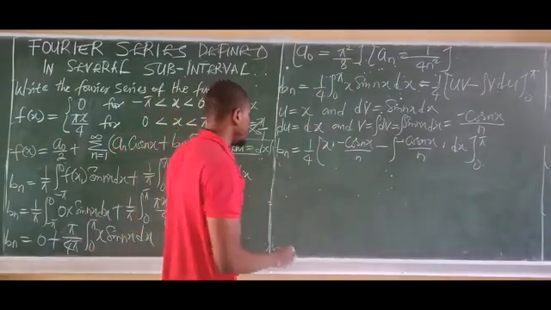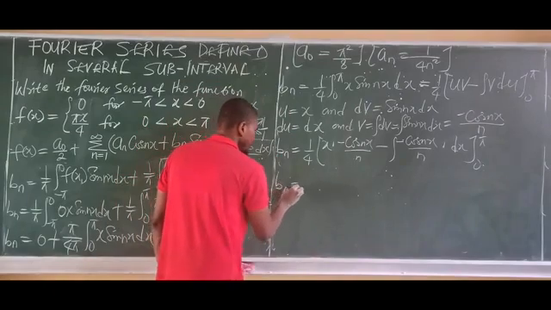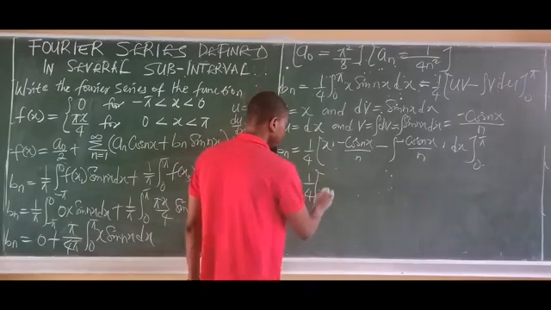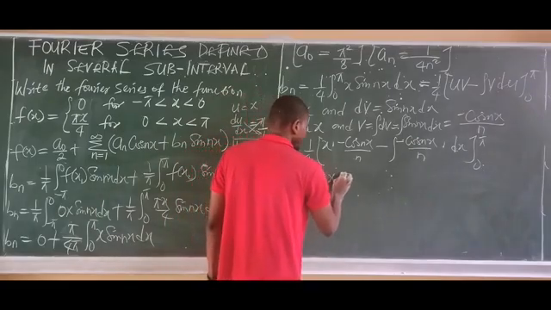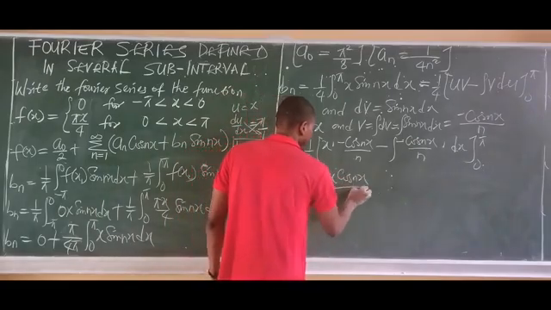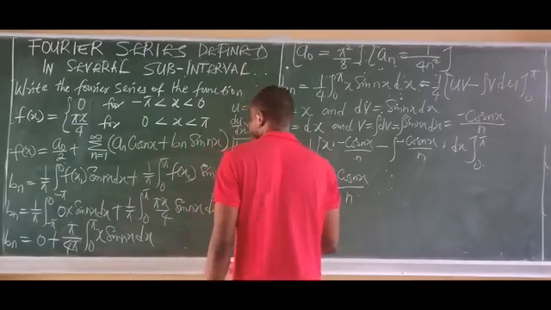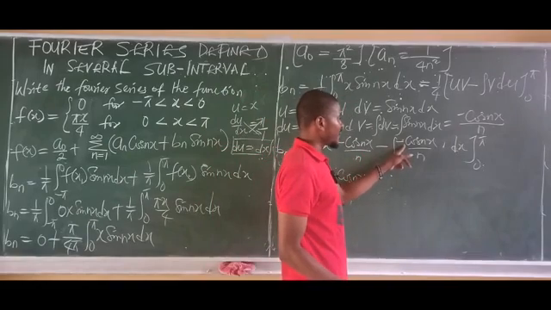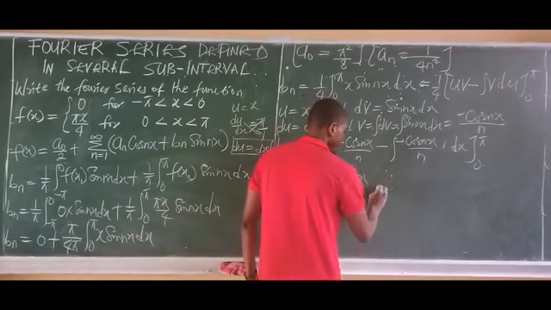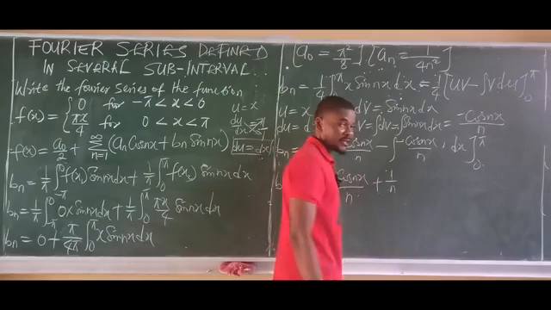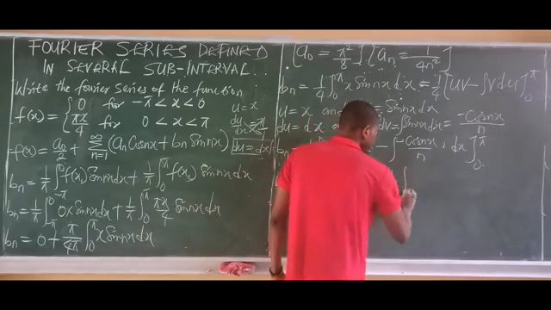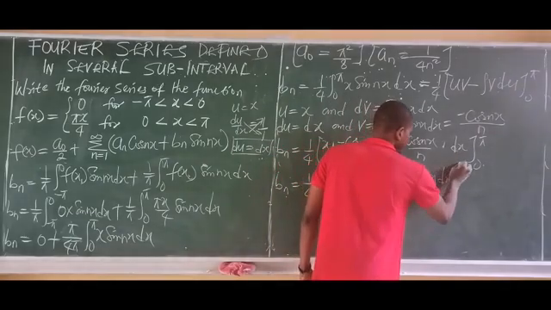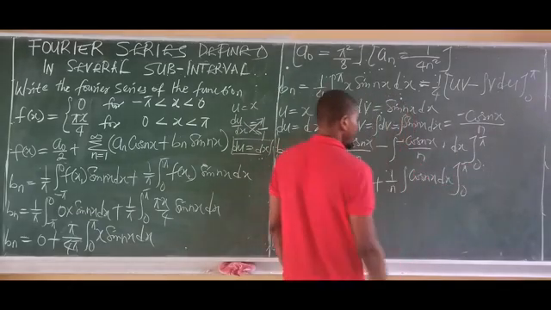All right, so bn is equal to 1 all over 4 into, rearranging this now, minus x cos nx all over n. Minus times minus here is plus, then I can factor out 1 over n. This is now plus 1 all over n integral of cos nx times the x, putting your limit from 0 to pi.